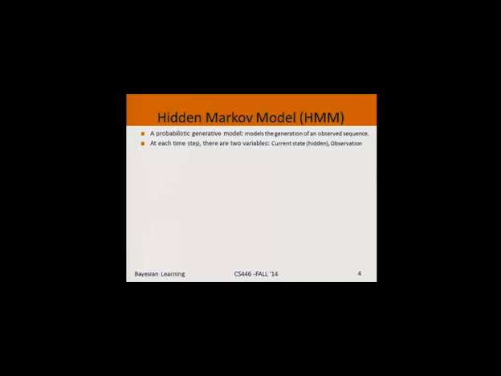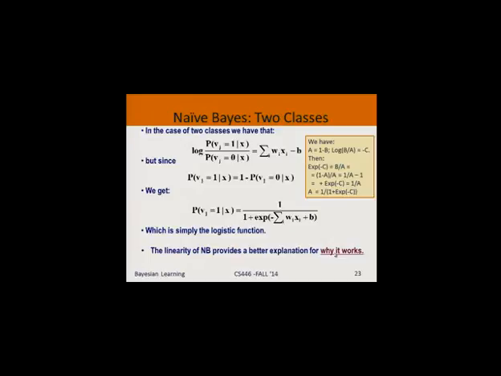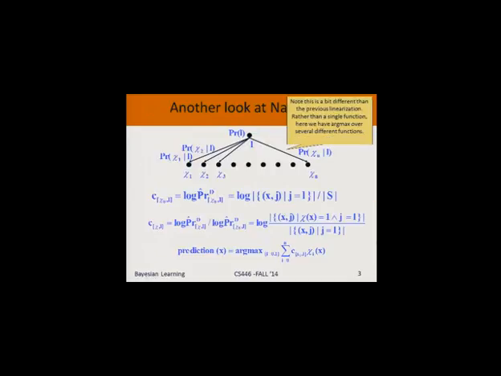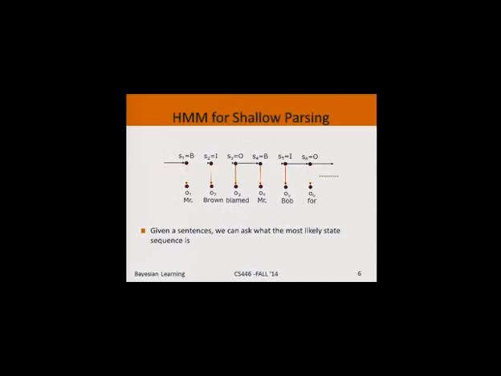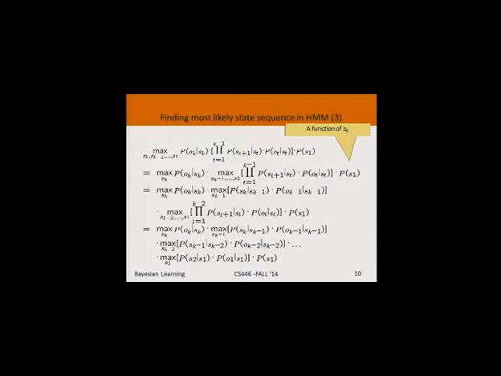Basically, these slides are saying that the same thing we said about naive Bayes could be said about hidden Markov models, and I'm not going to show it here.